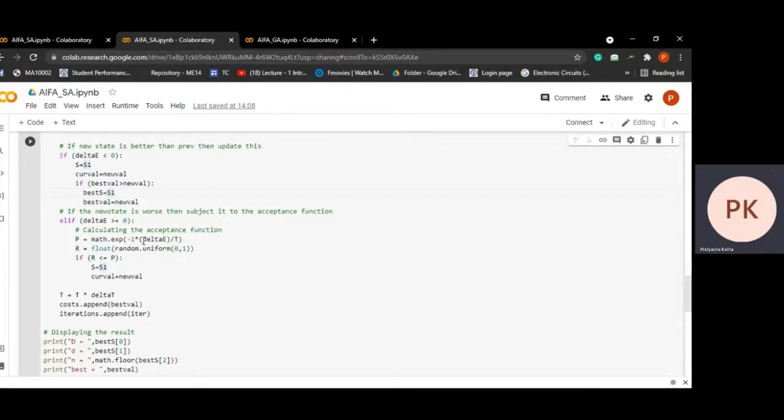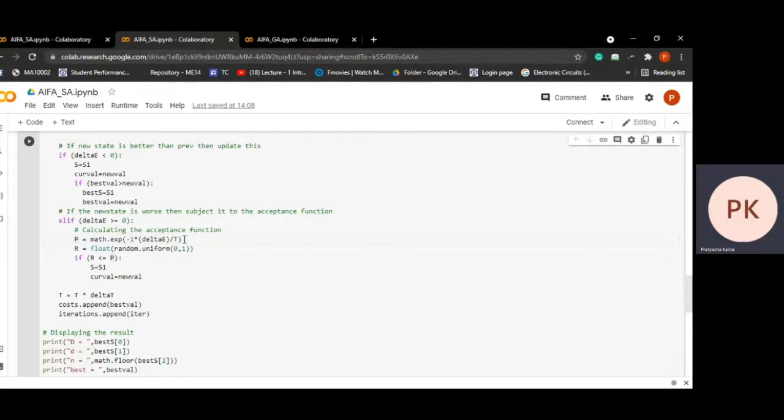But in case the new state is worse than the current state, then we will move to that state depending on the acceptance function. So we calculate the acceptance function, which is this p value, and that is e to the power minus delta E by t.